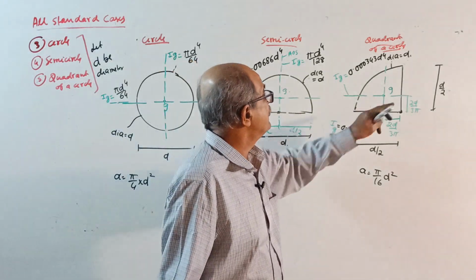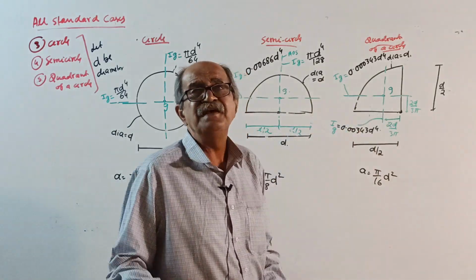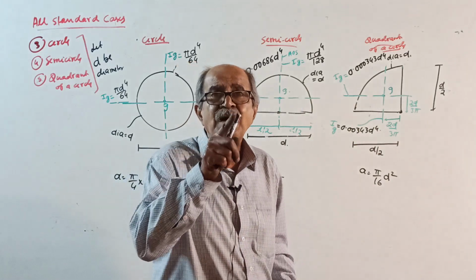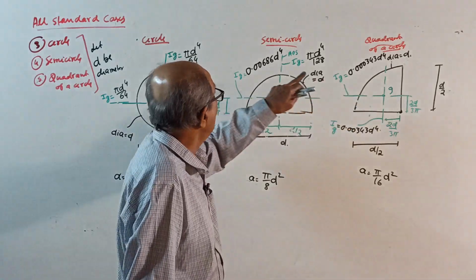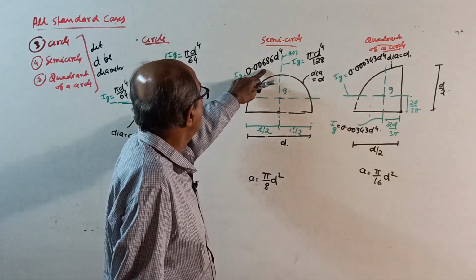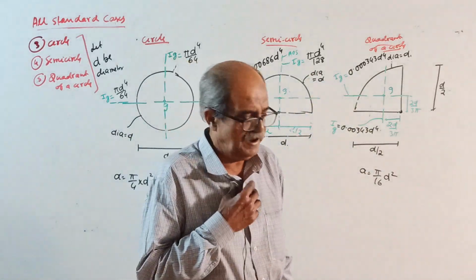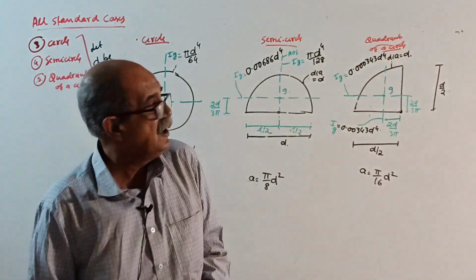For quadrant, first of all, there is no symmetry, so I is again a decimal number. And the decimal number for that quadrant is half the decimal number for semicircle. Half of 0.00686 means 0.00343.